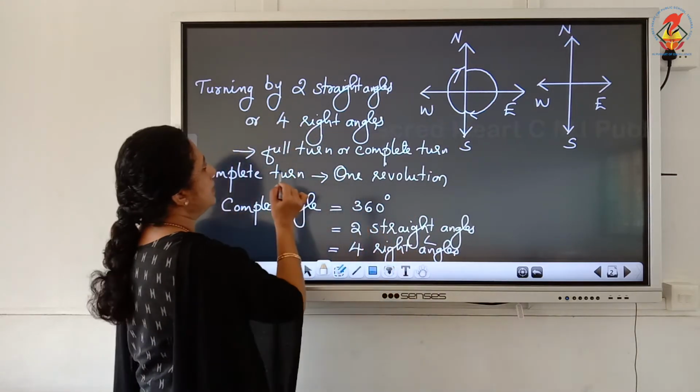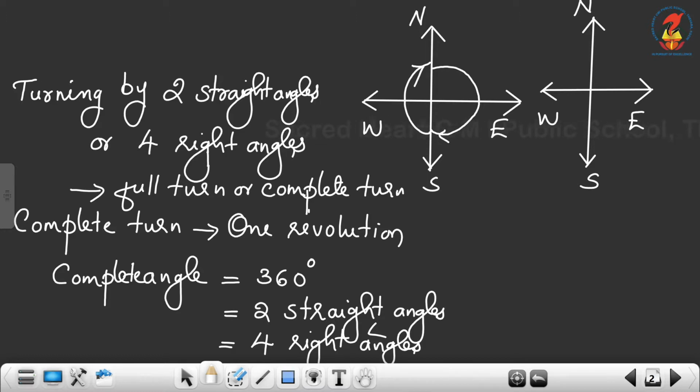Again, turning by four right angles. The turn from north to east, the angle turned is a right angle. Then again from east to south, again from south to west, again from west to north.